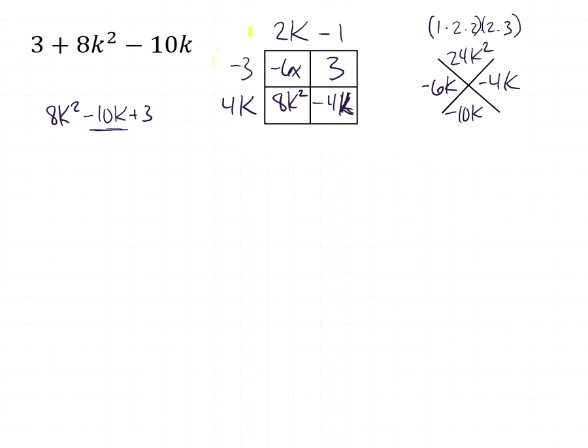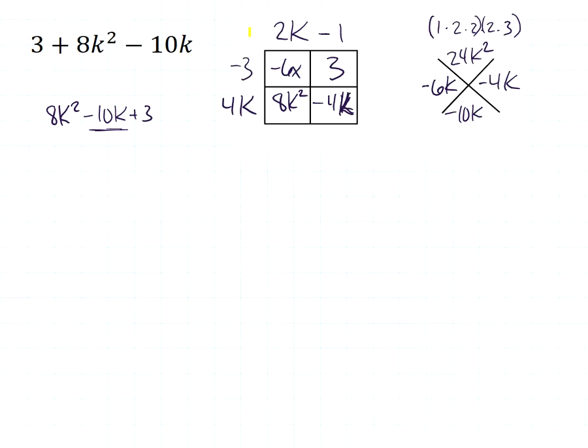And if I multiply negative 3 times 2k, that is negative 6k. And the last one there is when I multiply the negative 3 times the negative 1, and negative 3 times negative 1 does give me the positive 3. So my factored form, right, this is in standard form, but the factored form of this would be 4k minus 3 times the quantity of 2k minus 1.